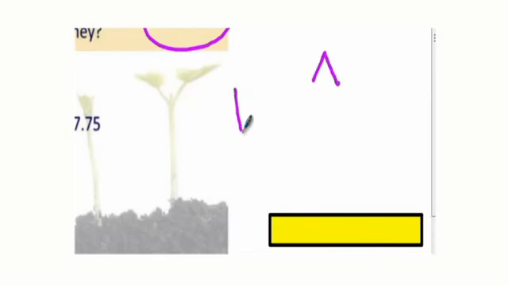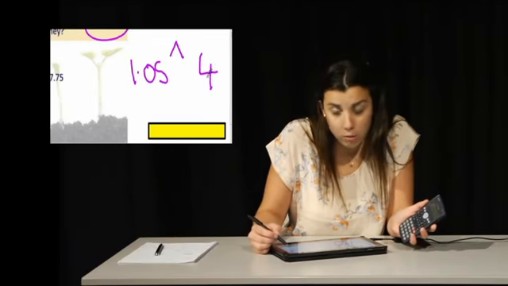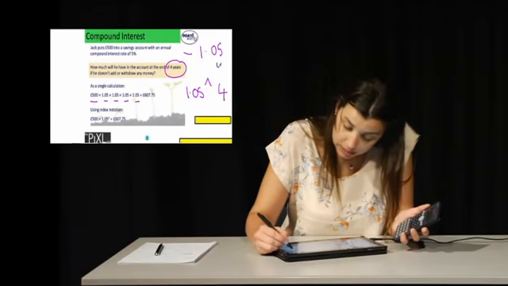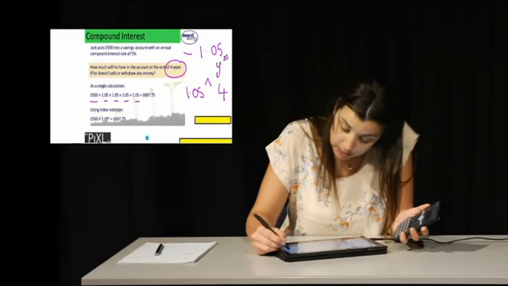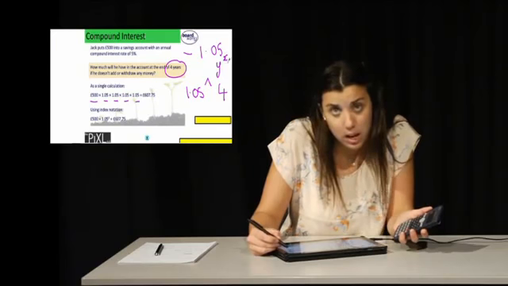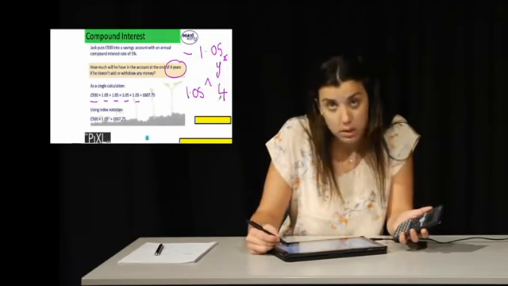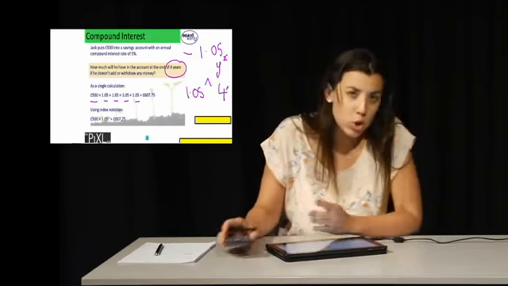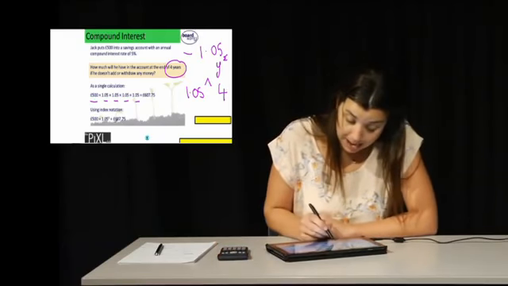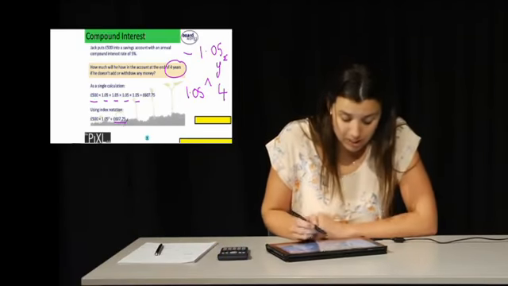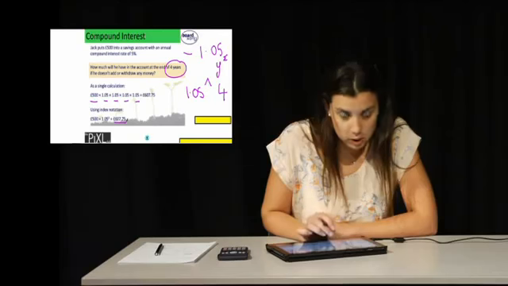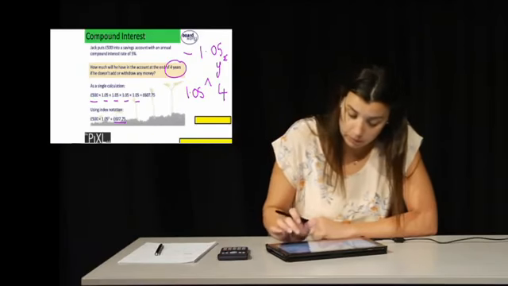So what I would type in is 1.05, this button, and then 4. That means to the power 4. On other calculators, it might be y to the x, meaning the x bit here is your number of years, being 4. So it's really important you know your own calculator. And again, the number comes out the same. So this here, using index notation, is the best way.